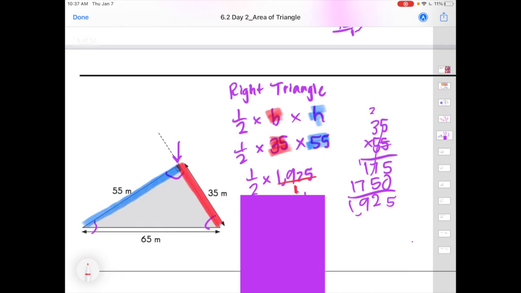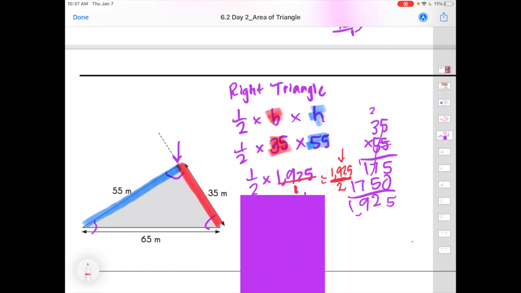If we put that over 1 and we multiply the numerator times the numerator, 1 times 1,925, we get 1,925. And denominator times denominator, which is 2 times 1, we get 2. And so we actually get the division problem, because remember fraction is also a signal of division, 1,925 divided by 2.